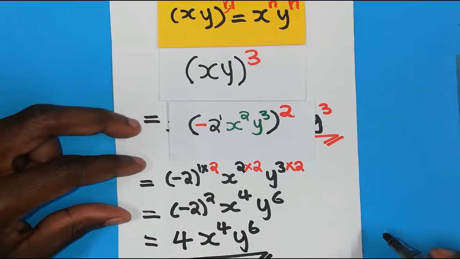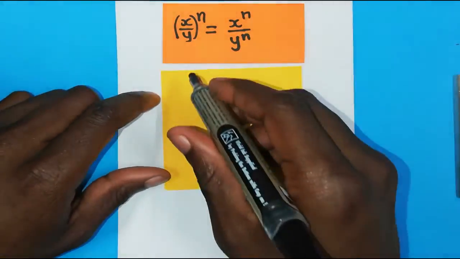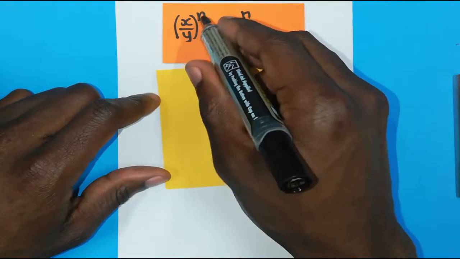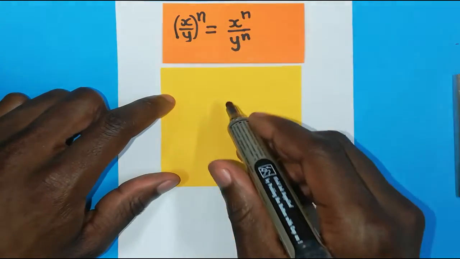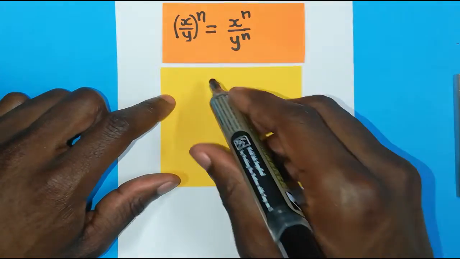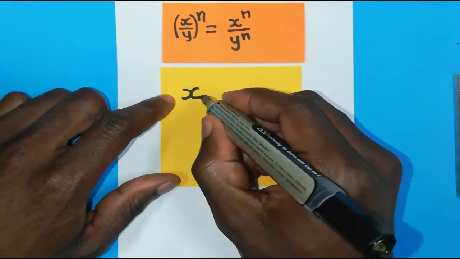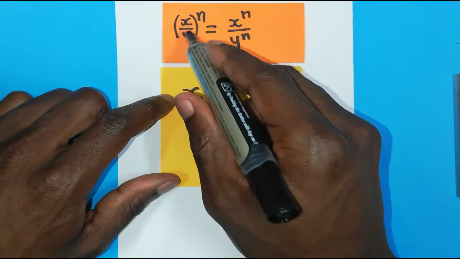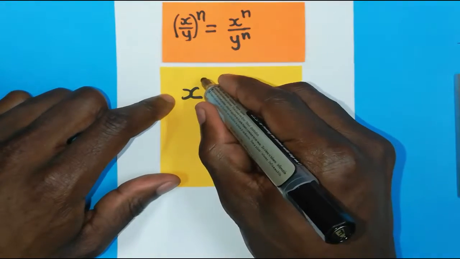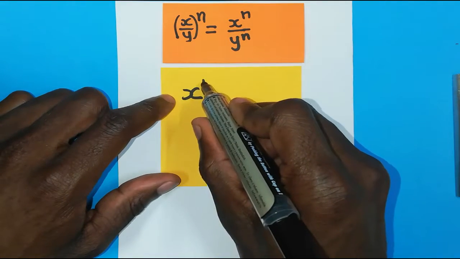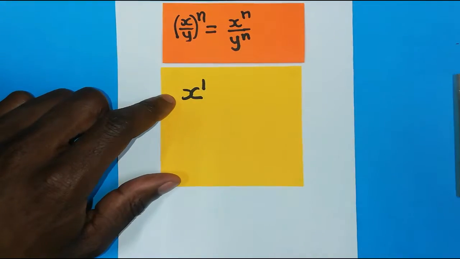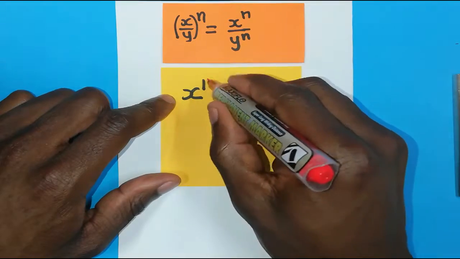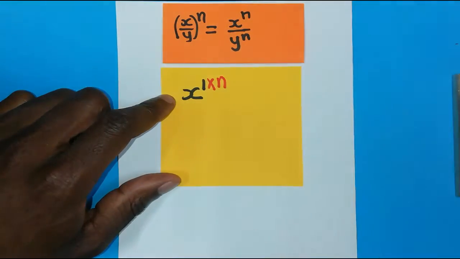All right, let's move to the next one. Here is the second one. So what do we have? We have x over y and then that exponent of n. So when you have this situation, you write x, so that n will multiply the exponent of these 2 variables. The first variable is x and its exponent of 1, so that n will multiply 1 like so.